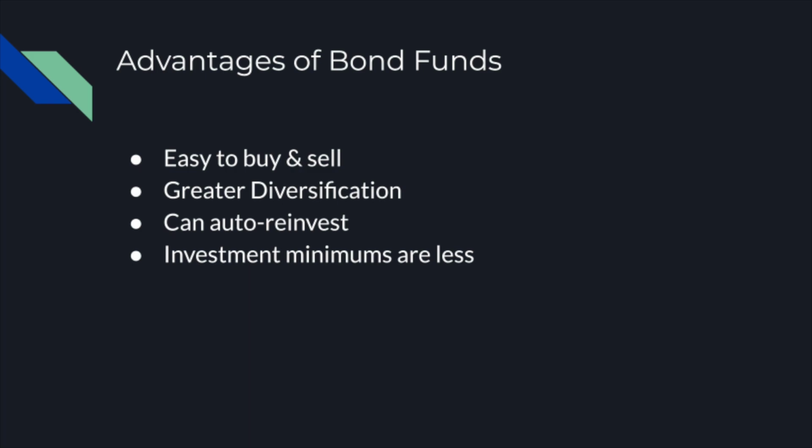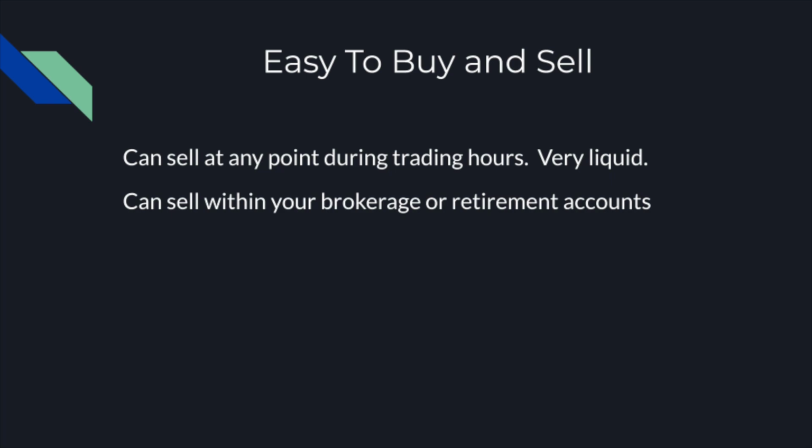Okay, so let's get into this a little bit more. With a bond fund, it's very, very easy to buy and sell these things. You could go into your brokerage account tomorrow, buy one, and then sell it the next day with no problems, no waiting period or anything like that. So very easy to buy and sell. Individual bonds can be easy to buy and sell, but as some of you may know, the Treasury Direct website is not the best in the world.